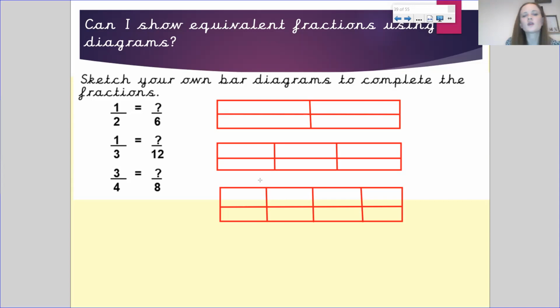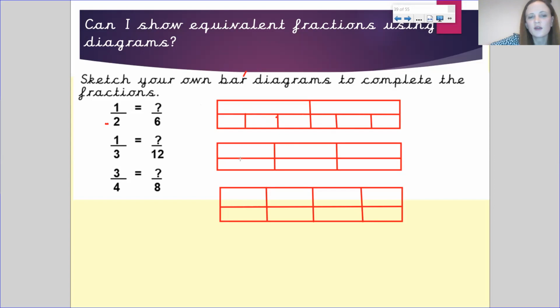So you can see that what I've done is I've tried to draw the first ones, so I can then hopefully do the next ones. So it says, how many sixths do we have that equal a half? So we need to make sure that the bottom one is broken into sixths.